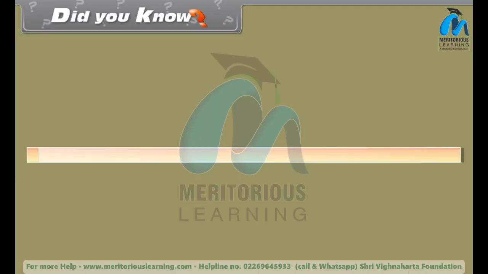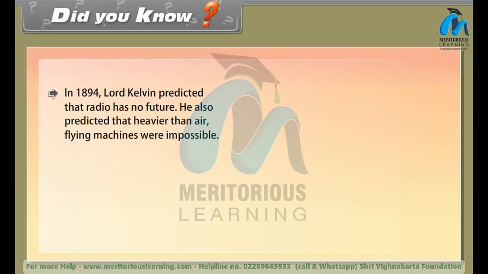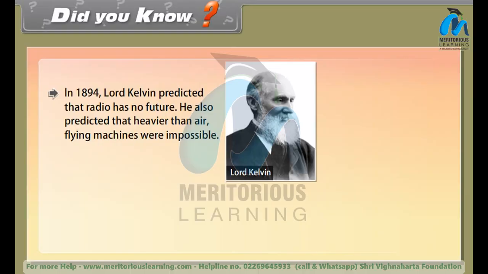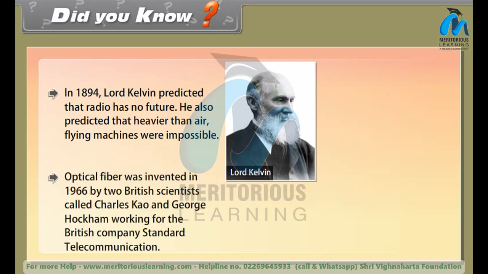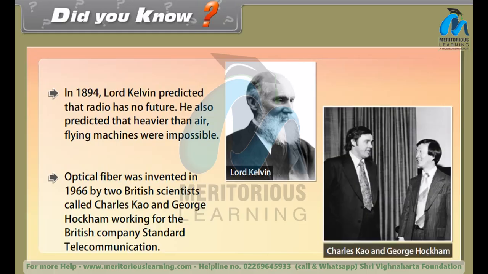Did you know? In 1894, Lord Kelvin predicted that radio has no future. He also predicted that heavier-than-air flying machines were impossible. Optical fiber was invented in 1966 by two British scientists called Charles Kao and George Hockham, working for the British company Standard Telecommunications.